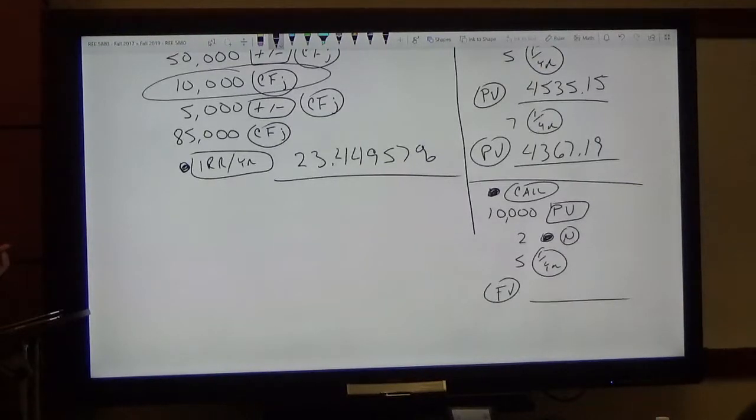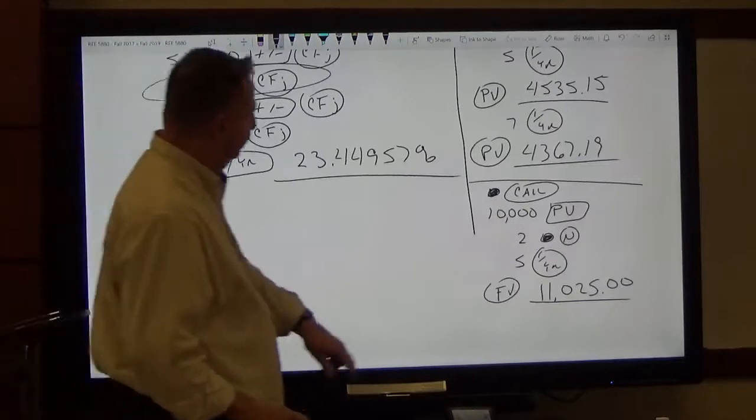That's what the future value is on it. We get 11,025.